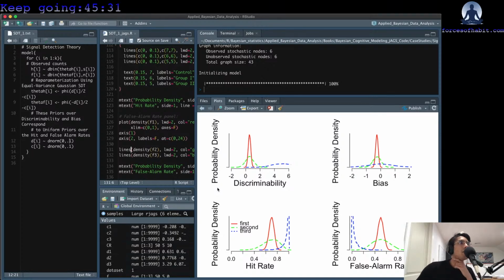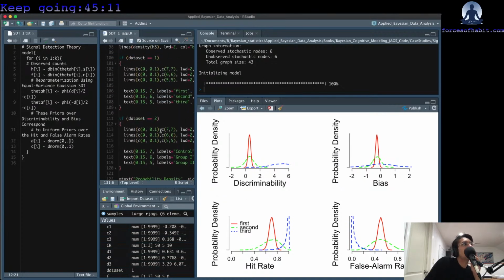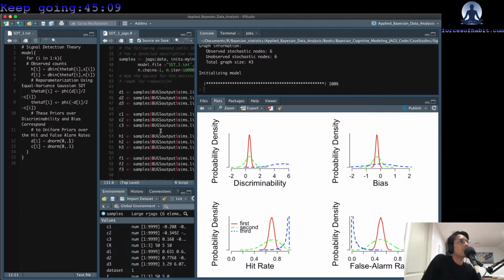So discriminability here would be highly reliant on our prior beliefs, while since there's no bias, we would assume, as we saw, centralized around 0. But it's very shallow, so if we had more observations, it would increase.